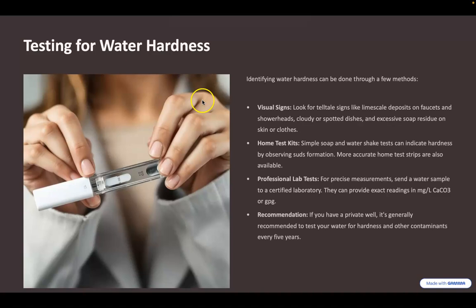Some other tests are there, but we will mostly follow these lab tests. So in the lab we will use the EDTA method, one of the best test methods. We will use EDTA, ethylenediaminetetraacetic acid, as a complexing agent, and we will do the complexometric titration, and we will find out what is the hardness of water.